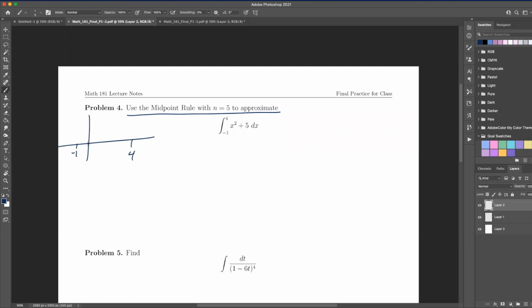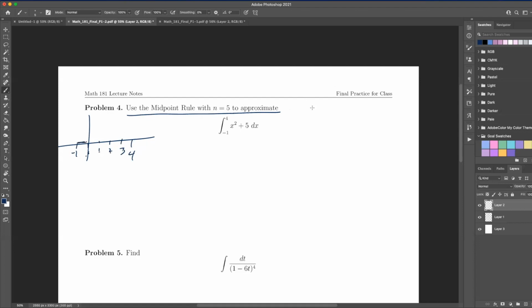Right? And then if I was going to split that up into 5 chunks, it should just be every whole number. It's going to be right here.